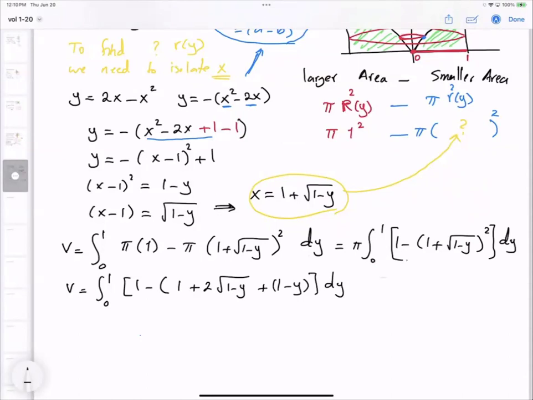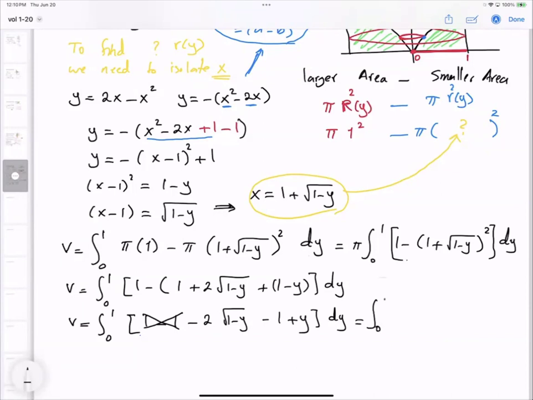So we try to simplify it as much as we can, and V is pi times the definite integral 0 to 1 of 1 minus 1 minus 2 times the square root of 1 minus y minus 1 plus y dy. So obviously you can get rid of the opposite terms and you end up with this integral.